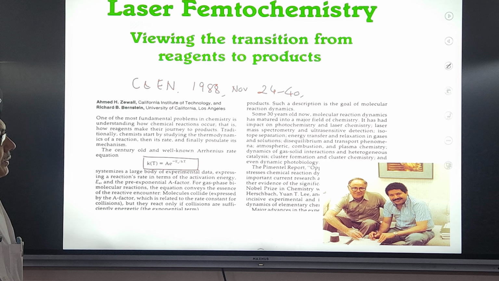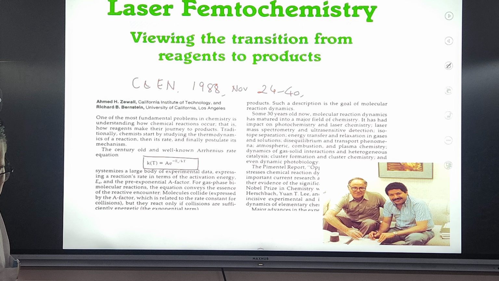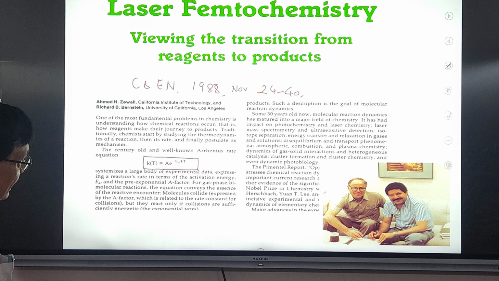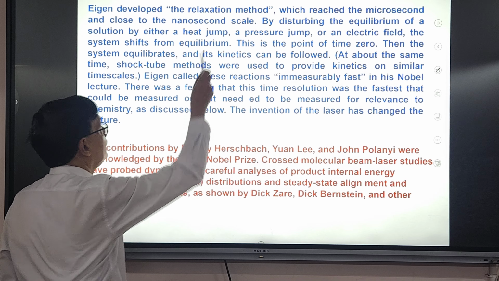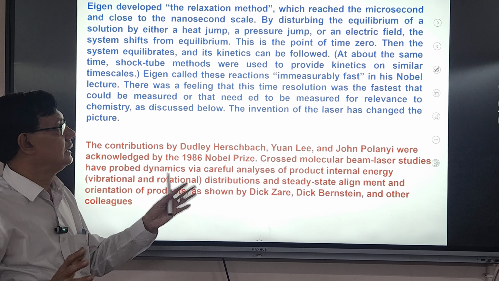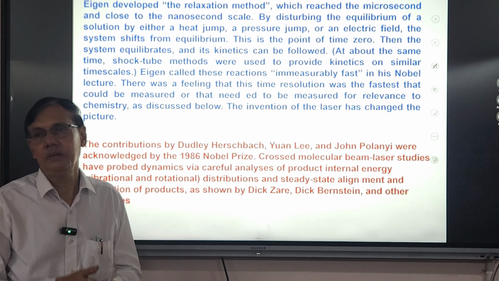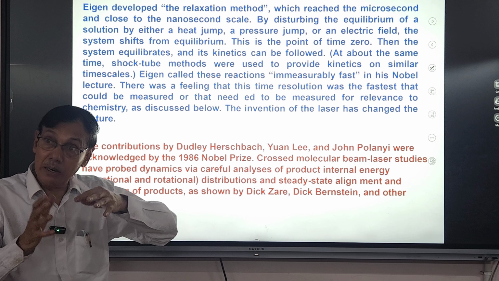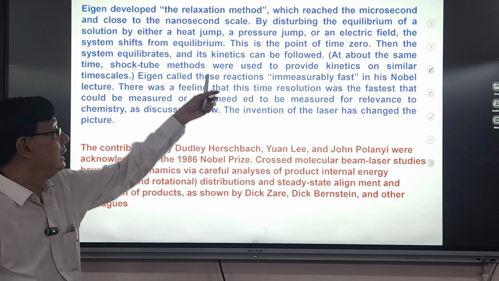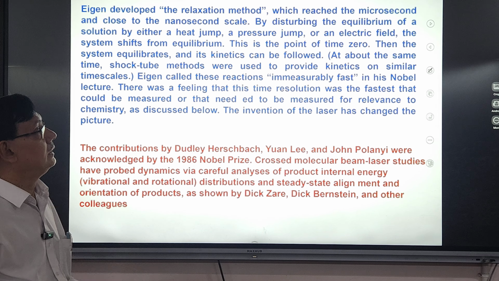So when he discussed these things, he also mentioned the contribution of Arrhenius, and then the relaxation technique. The point I have already, I think day before yesterday, discussed: the relaxation kinetics. We just perturb the equilibrium. That is also part of that ultra-fast technique, relaxation technique, temperature jump and pressure jump.